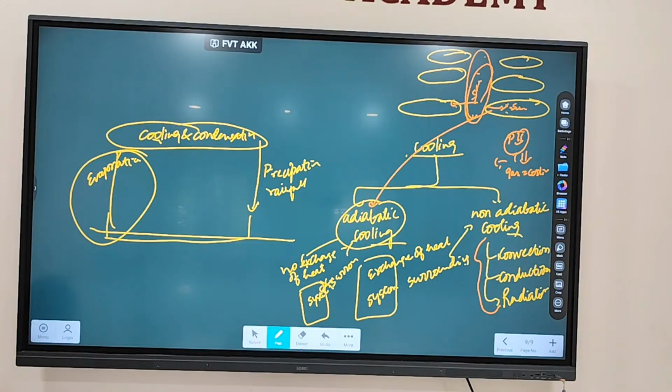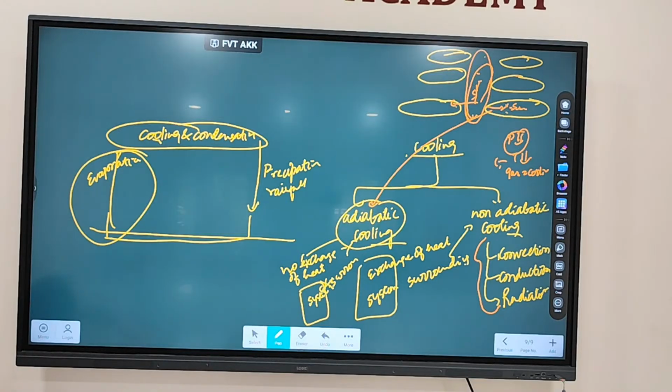Less air is present, which means air is not dense. Air is more dense at the surface, and as you go up, air is less dense. When air is less dense, pressure will be less. Pressure is nothing but the weight of the gases, the weight of the air.